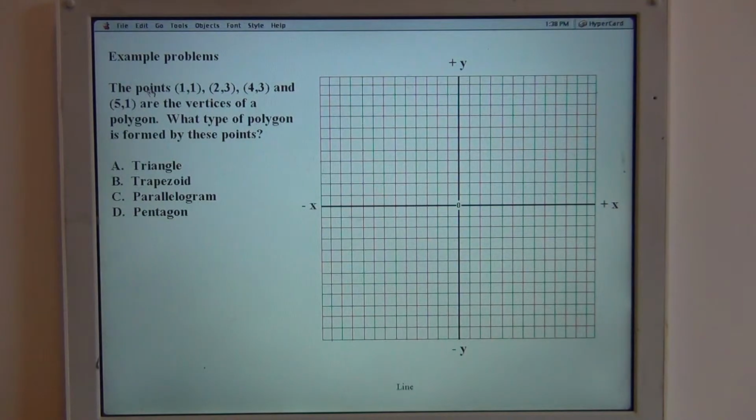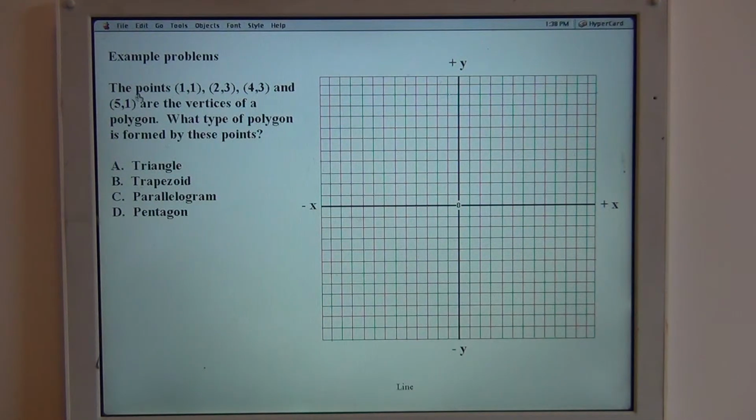The points 1, 1, 2, 3, 4, 3, and 5, 1 are the vertices of a polygon. What type of polygon is formed by these points? And then you have to select either a triangle, a trapezoid, a parallelogram, or a pentagon.